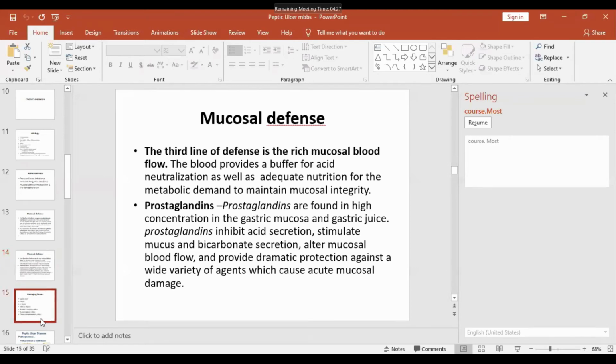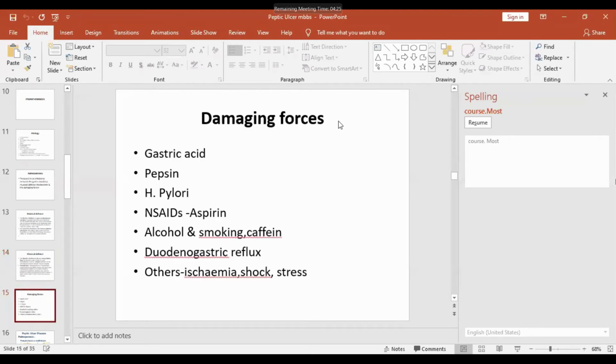Now we go to the offending agents, the damaging forces. Gastric acid we all know; without acid there won't be any ulcer. Pepsin is proteolytic, so it causes lysis of cell protein. H. pylori is the most common nowadays. Then NSAIDs, aspirin, alcohol, smoking, caffeine, duodenogastric reflux, others like ischemia, shock, stress.